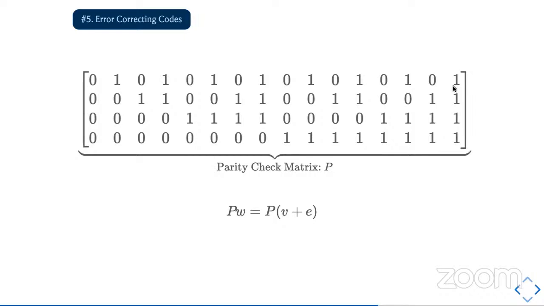Okay, great. So now if we look at the action of P, let's just expand this out. So what do we know about PV? V is a genuine message. So we already know that P maps all genuine messages, where nothing has flipped, all of those are sitting in the null space of P. So what is PV?